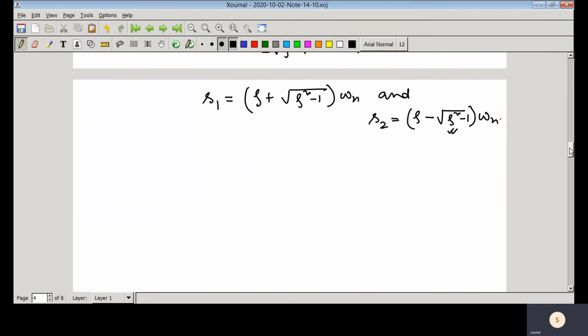So now we are going to plot the step response of a second order system. The transfer function is given in normalized form in the underdamped situation. That means the second order underdamped response.